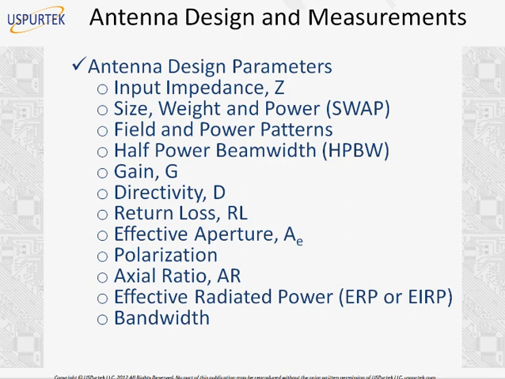Polarization, is it vertically polarized or horizontally polarized or circularly polarized? It again depends on the application we want to design the antenna for. And then the axial ratio, and of course the very important one, the ERP or the EIRP, effective radiated power. This tells you what amount of power you want to radiate with your antenna. And finally, we have the bandwidth. Is it a narrow band antenna or a wide band antenna, or whatever bandwidth we want to have?